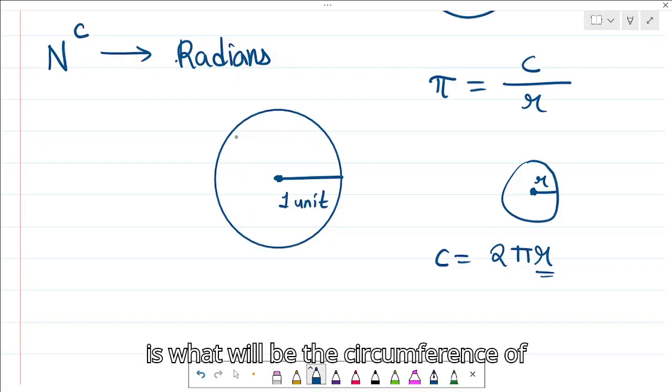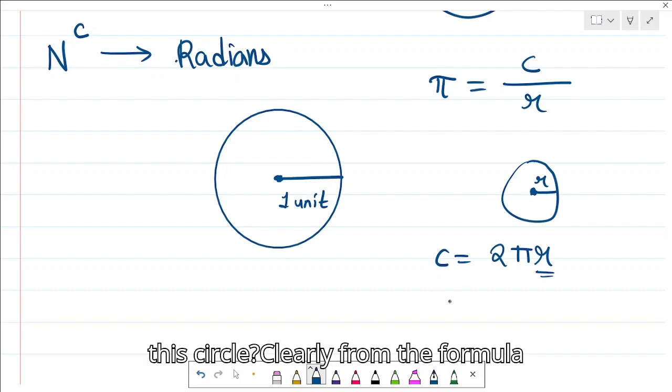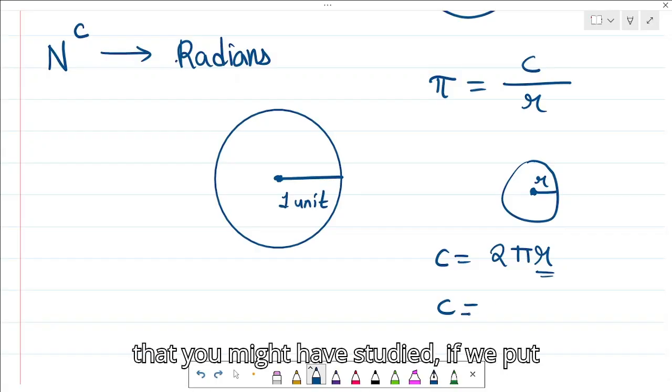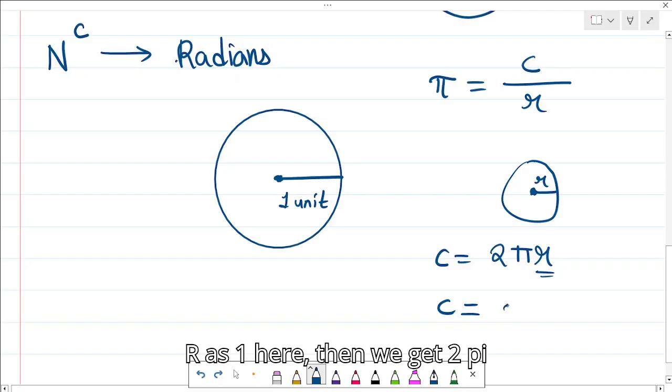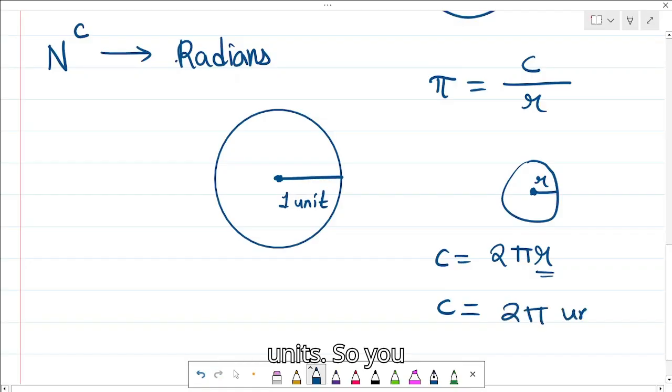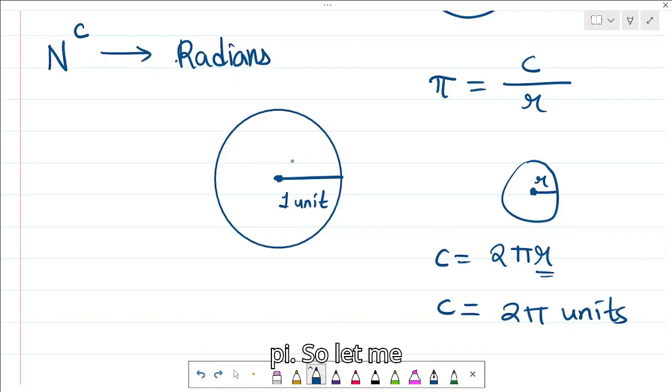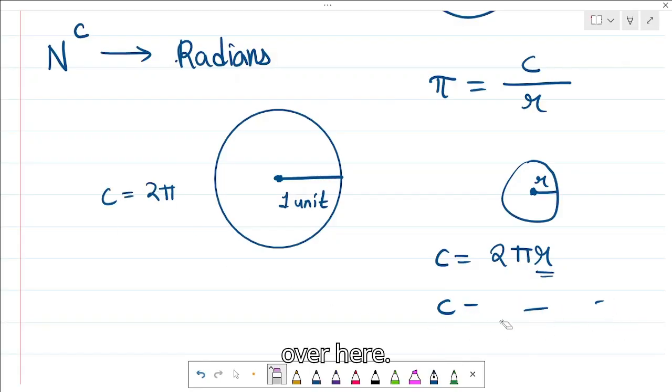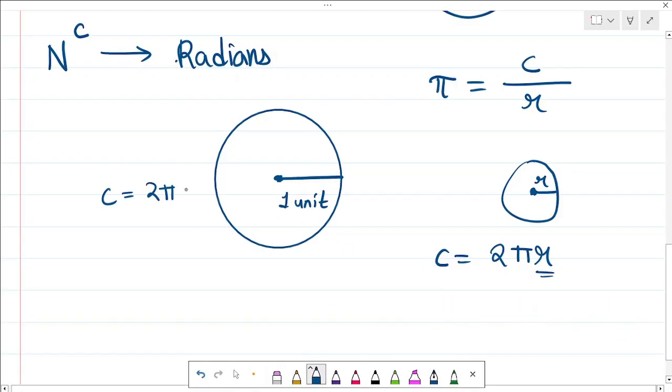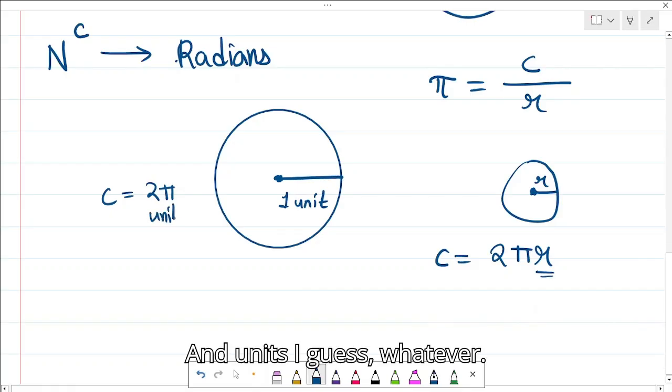So what will be the circumference of this circle? Clearly from the formula that you might have studied, if we put r as 1 here, then we get 2 pi units. So you could say the circumference length is 2 pi. So let me just write that down over here, and units, I guess, whatever.